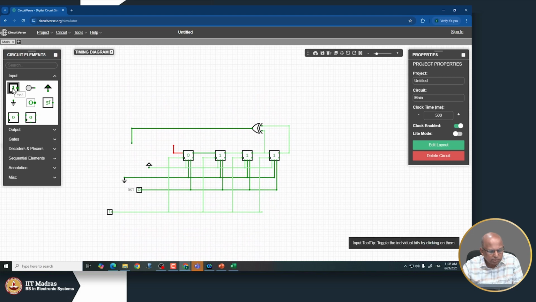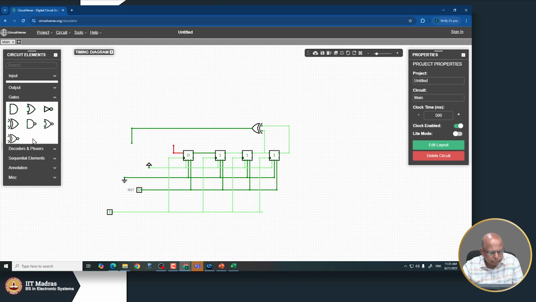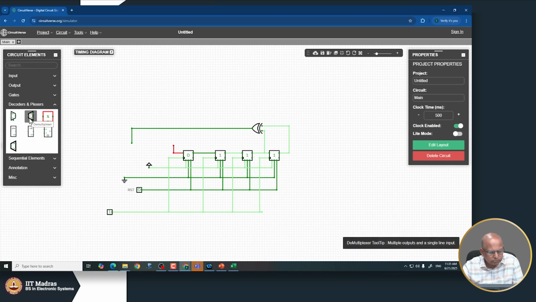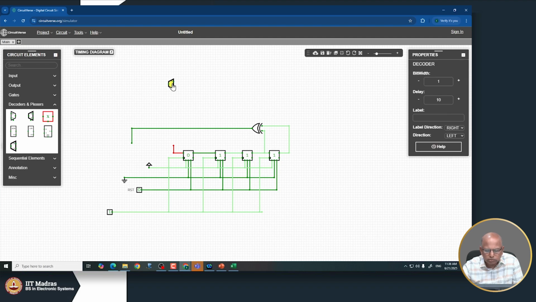Let me pretend that the circuit has maybe a decoder or something like that. This is a decoder.